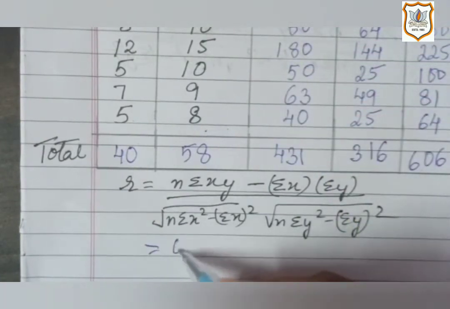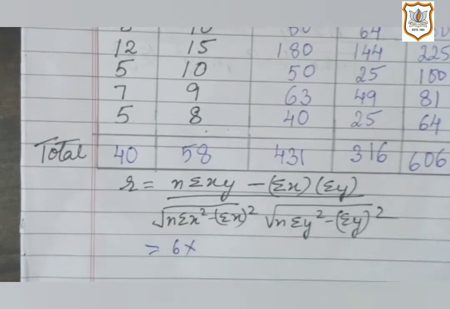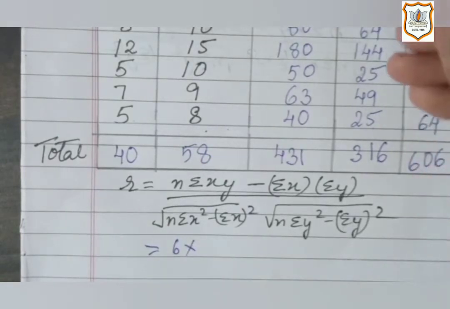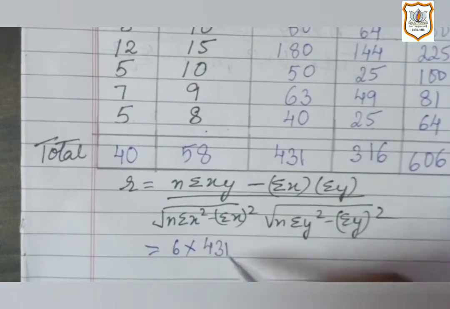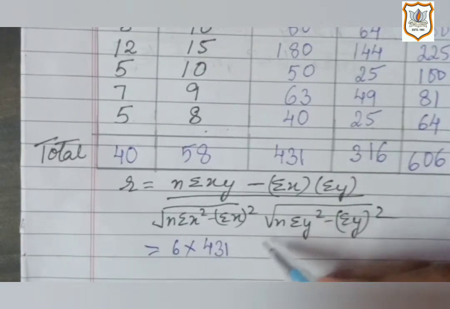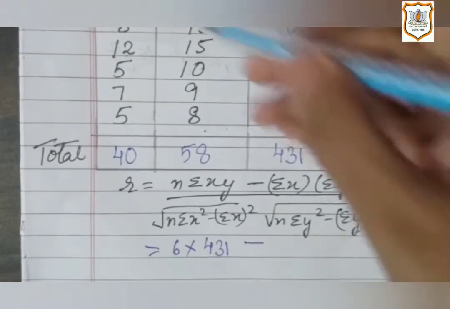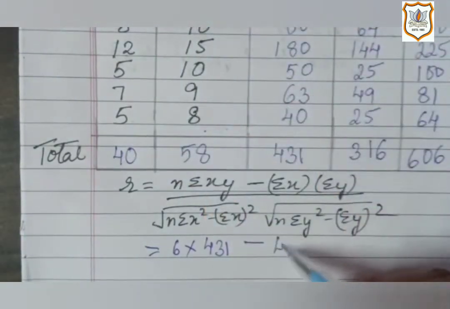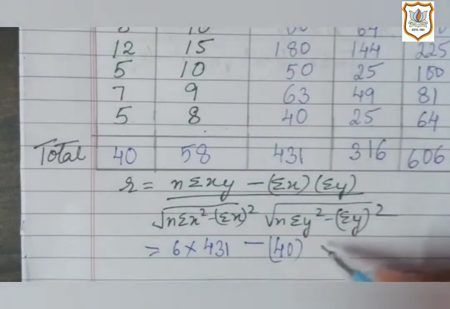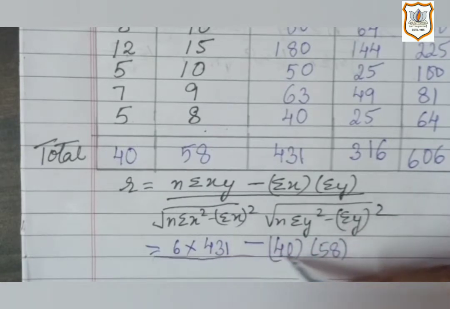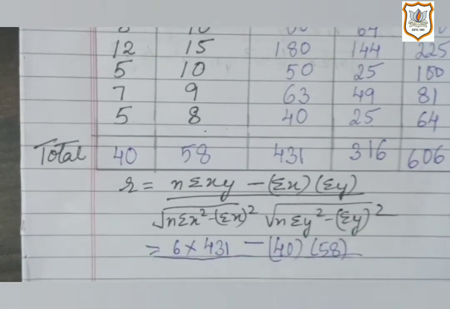So this will be 6 into total of xy. So this is the xy column, total is 431, so this is 431 minus sigma x. This is the total, so it is 40. Sigma y means total of y, that is 58, divided by the values when you substitute.